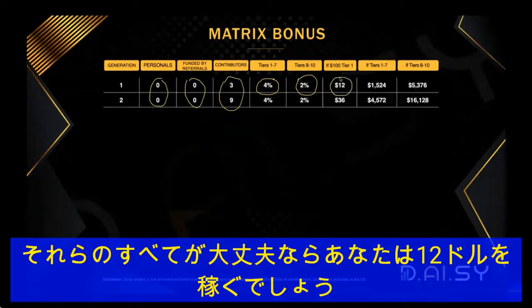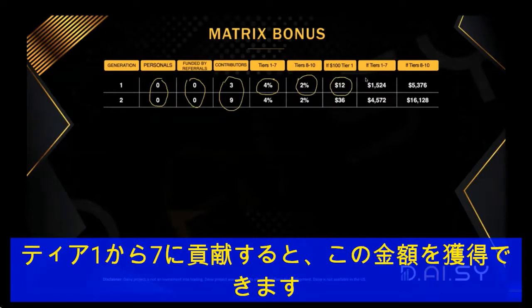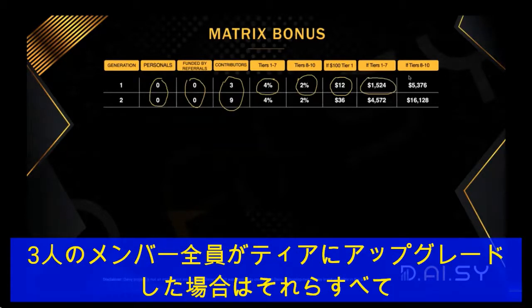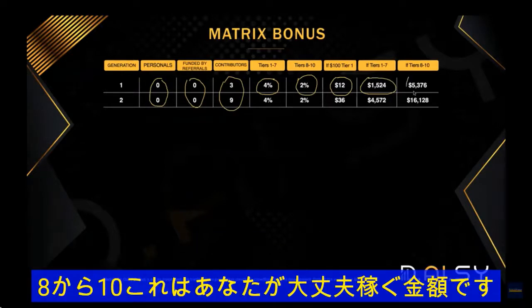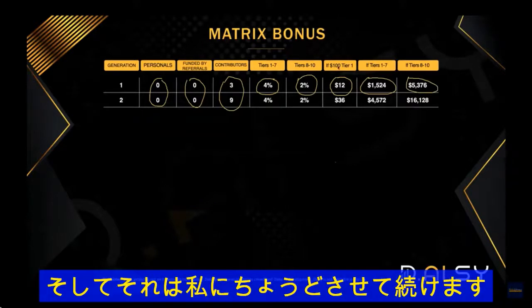If all of them contribute to tiers 1 to 7, you will earn this amount. If all 3 members upgrade to tiers 8 to 10, this is the amount you will earn, okay? And it goes on.